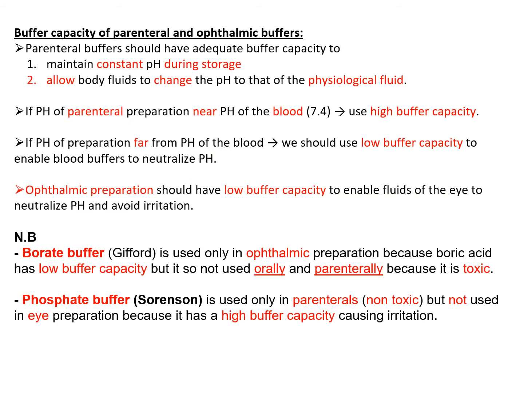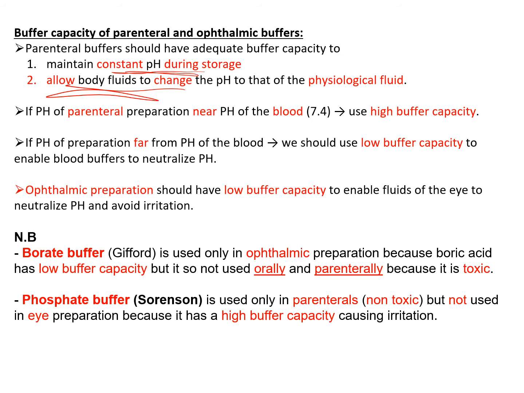So our main aim for adding the buffer is to maintain constant pH during storage before injection, because if the pH changes during storage, it may lead to degradation of the drug or precipitation of the drug. But after injection, we don't want to keep the pH away from the body pH, because in this case, the injection will be very irritant.